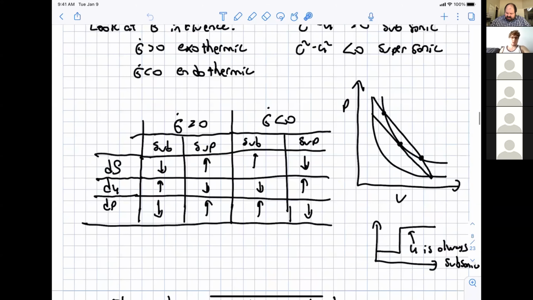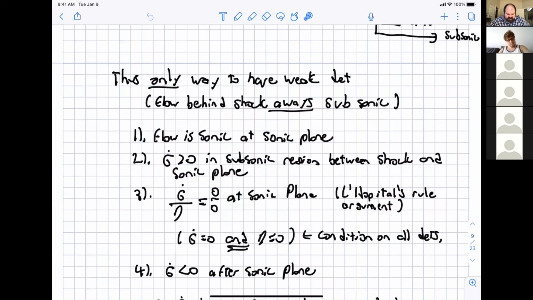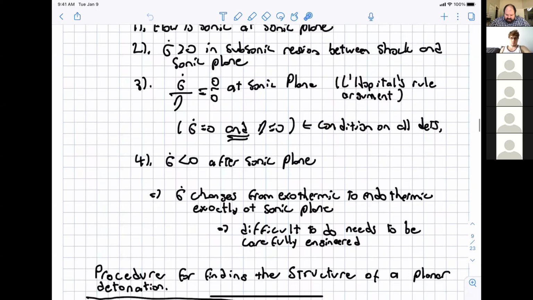So we were discussing the shock structure behind a detonation. We basically ruled out weak detonations, except for a very specific set of conditions that lead to that, and it basically requires that at the sonic plane, at that exact point, you have a switch from an exothermic chemical reaction to an endothermic chemical reaction, and that's really the only way to get one of those.